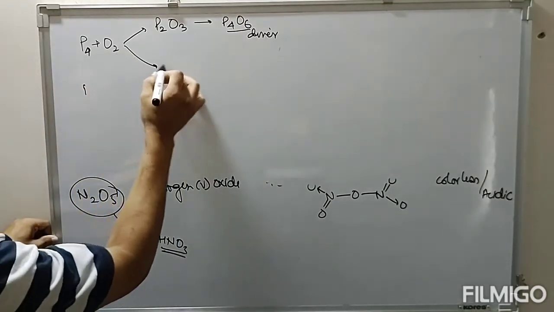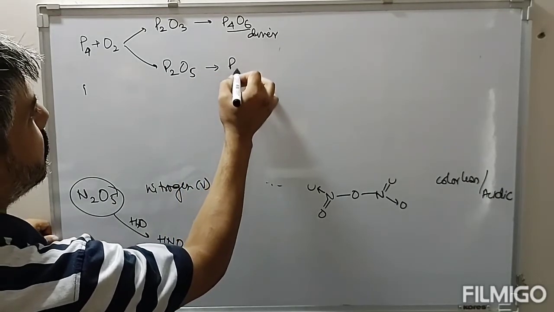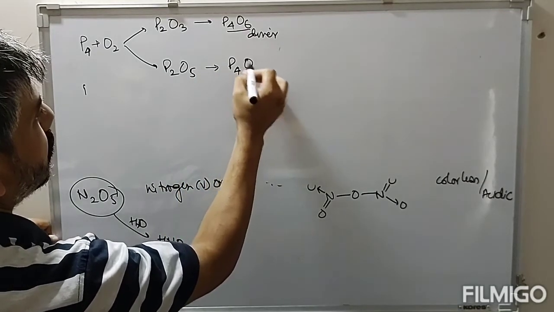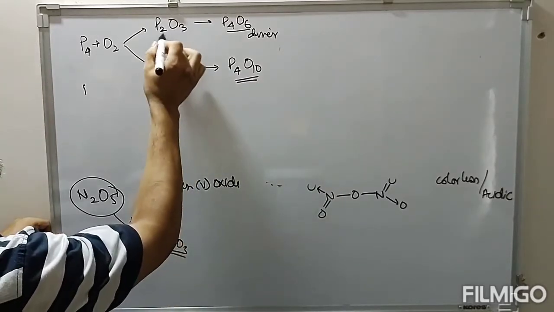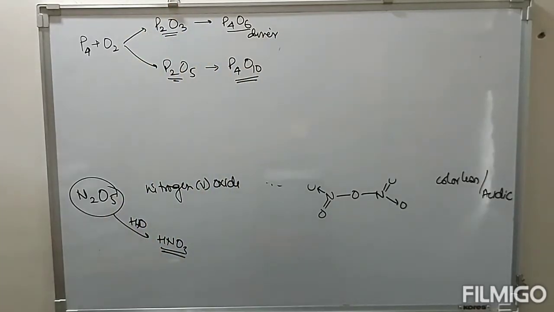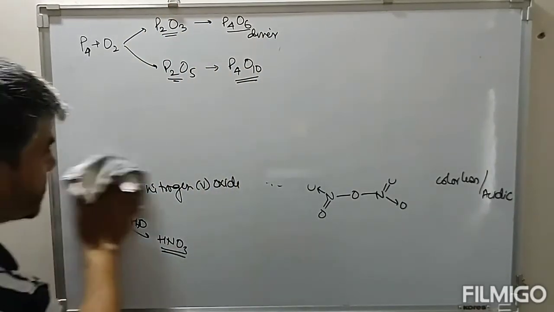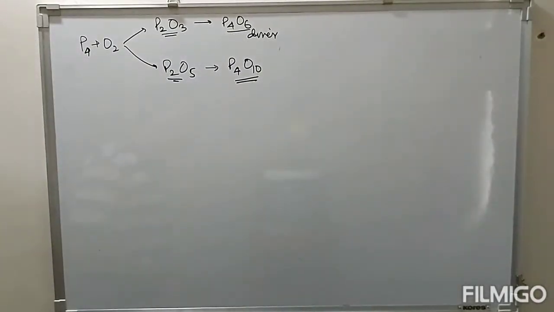Then the second oxide is P2O5, and this dimerizes to give you P4O10. That is phosphorus pentoxide, and this is phosphorus trioxide. This is the dimer form, this is the monomeric form. So these oxides of phosphorus have a ring structure.